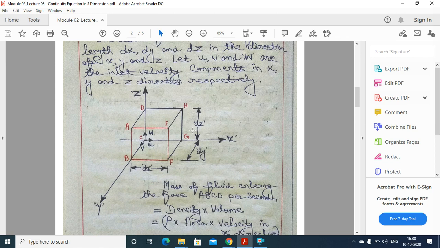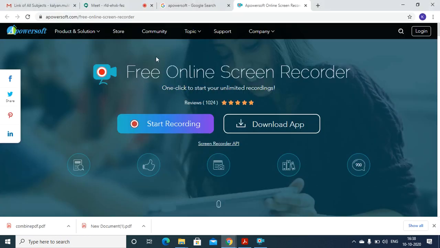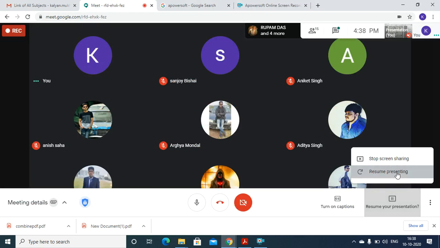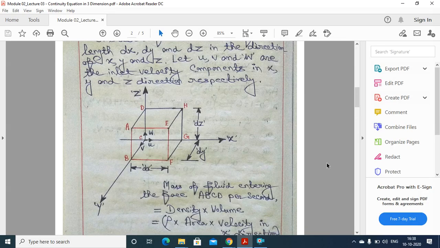Now the mass of fluid entering the face ABCD per second will be density into volume. Why density into volume? Because density is equal to mass per unit volume, so mass will be density into volume.